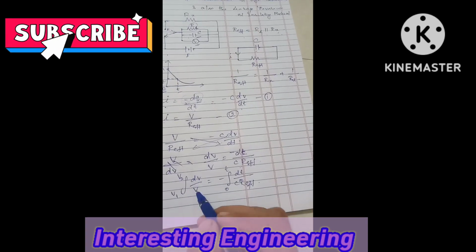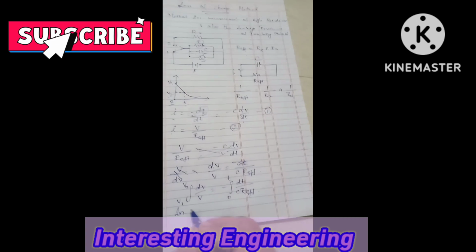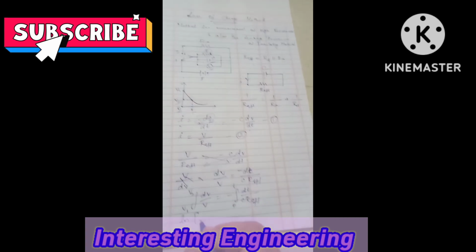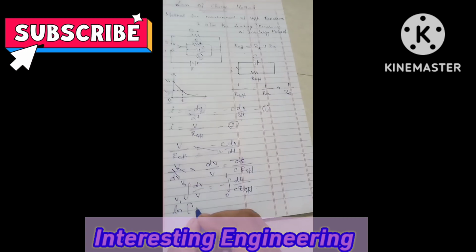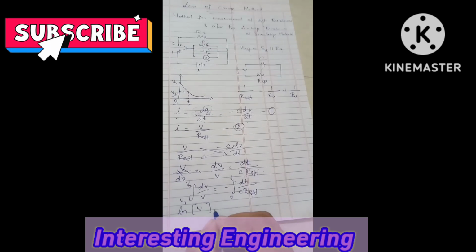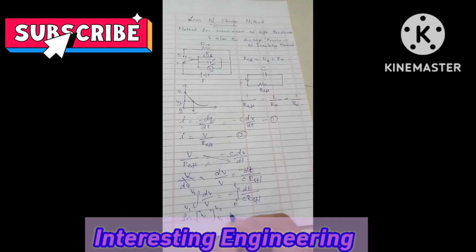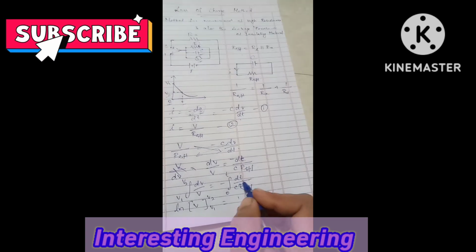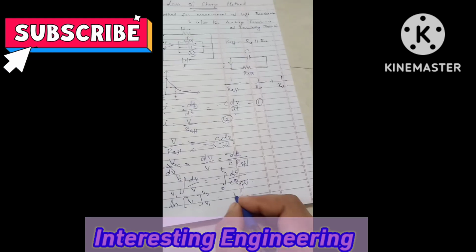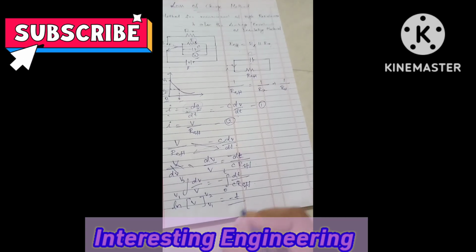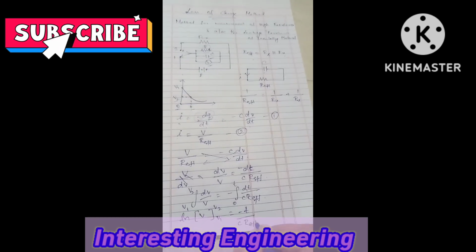Integration of dV by V will be ln of V, with limit V1 to V2, equal to minus t by C into R effective.